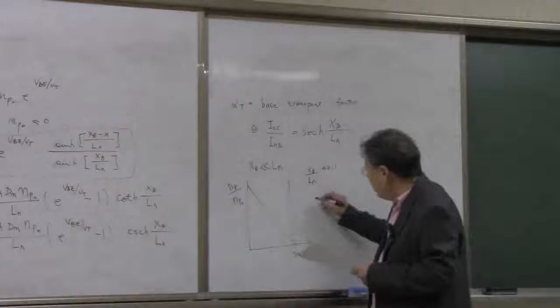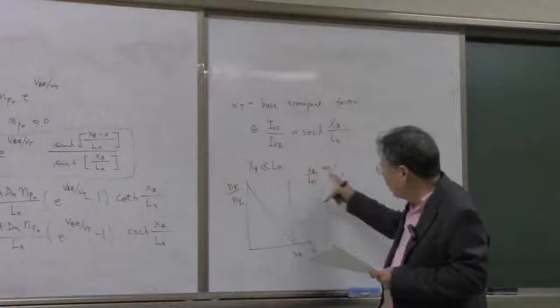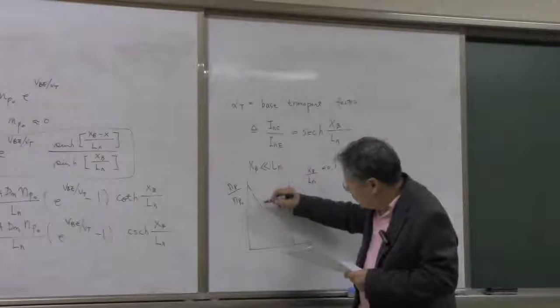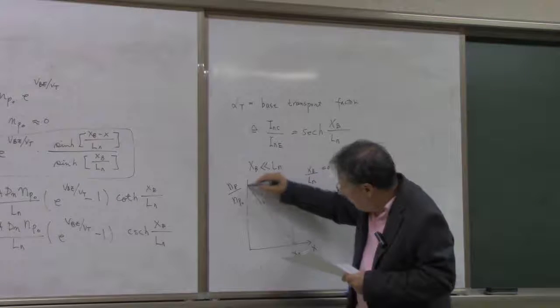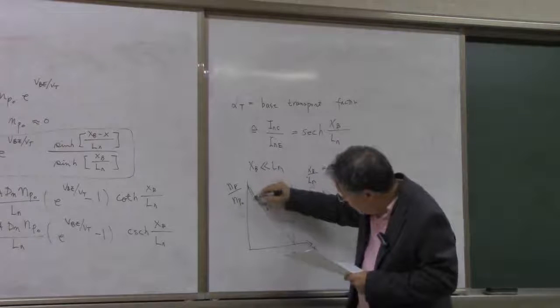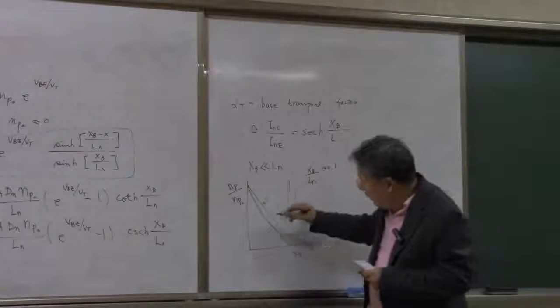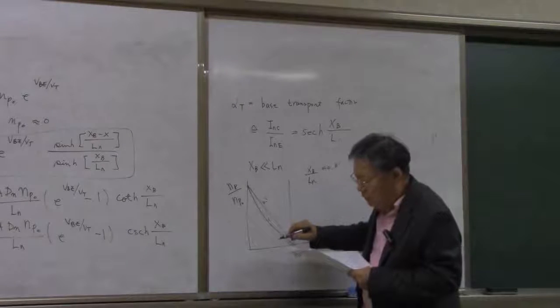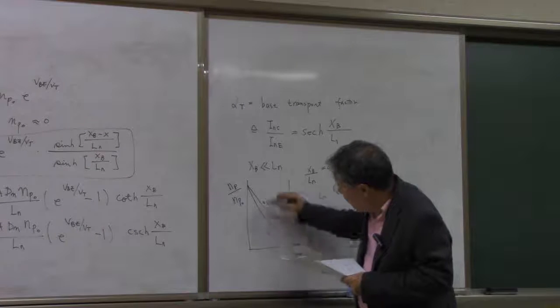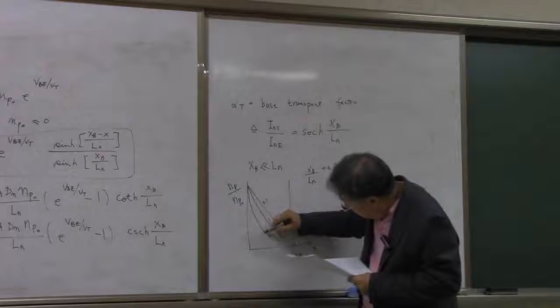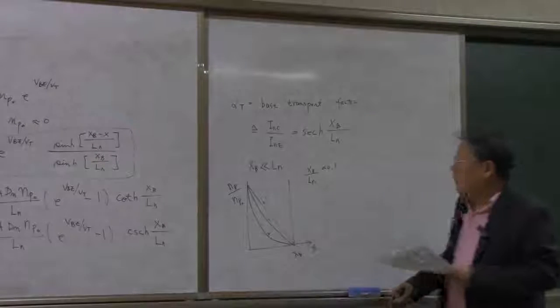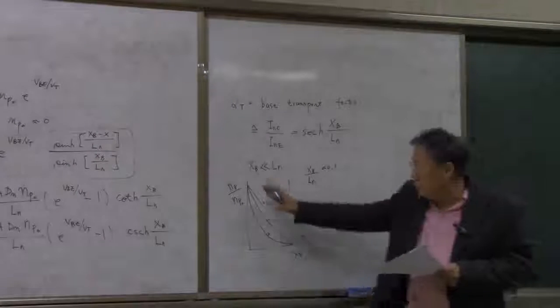Okay? But when this ratio becomes 1, then it deviates a little bit from this straight line, and if it becomes 2, then it is going to deviate far from the straight line here.